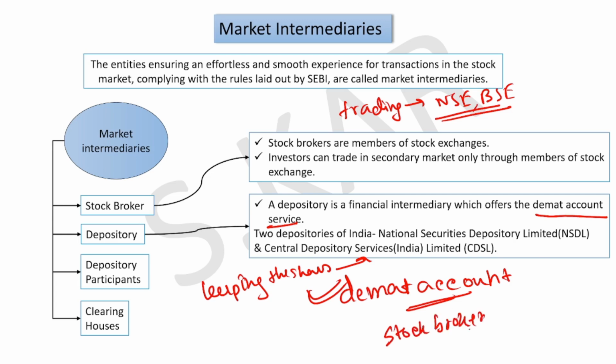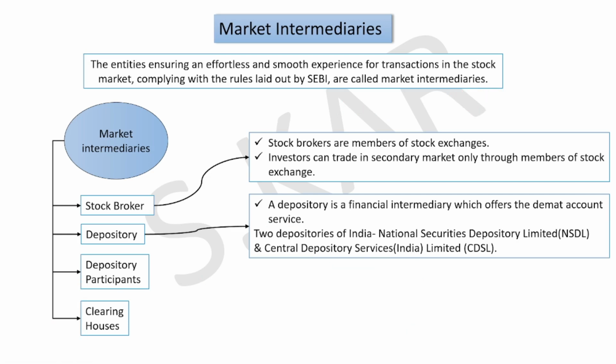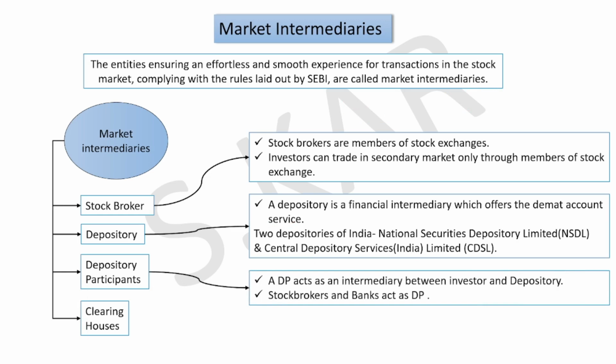I won't say only the stockbroker. Here come the depository participants. The depository participants act as intermediaries between the investor and the depository. In most cases, stockbrokers and banks act as the depository participants.